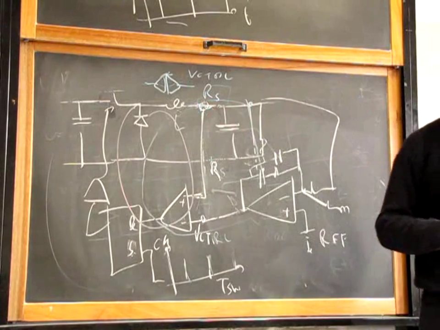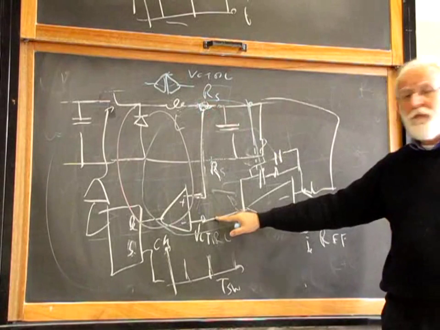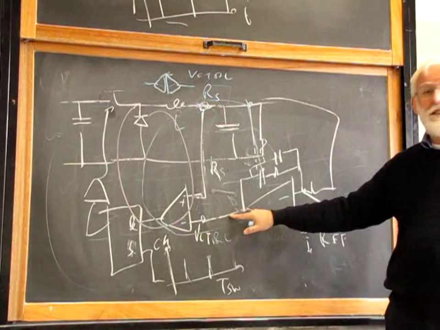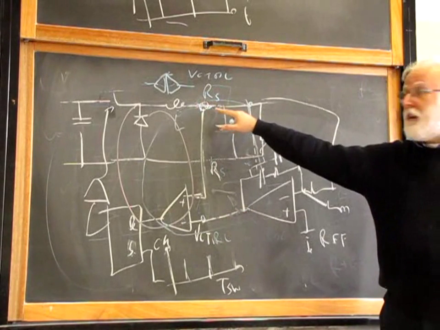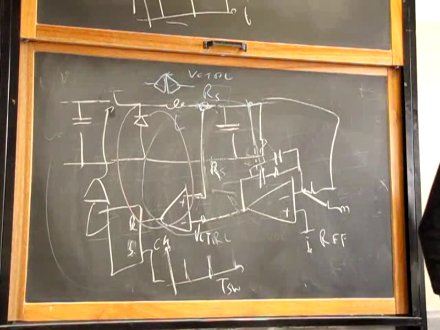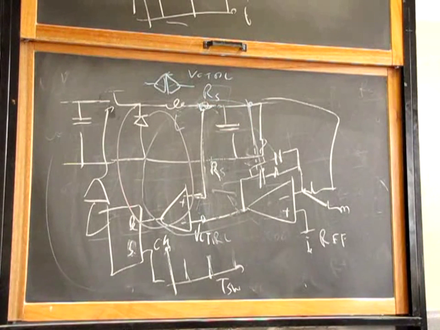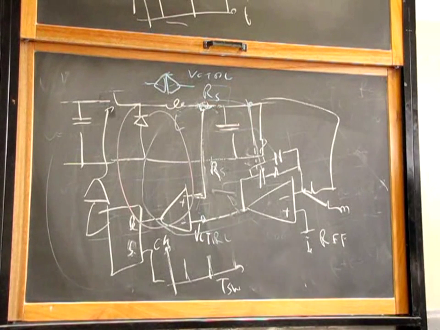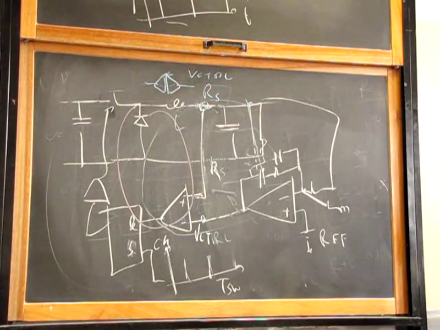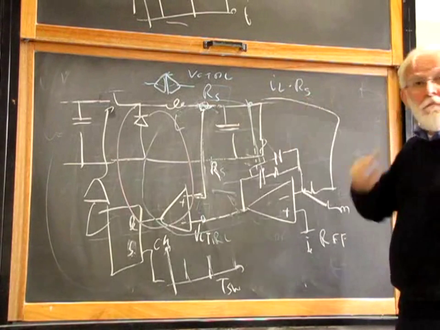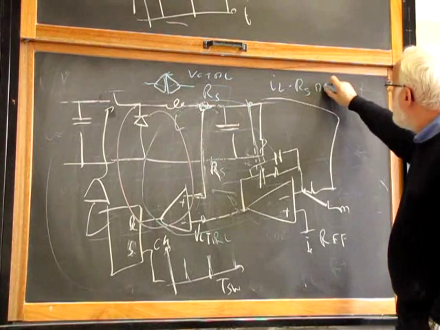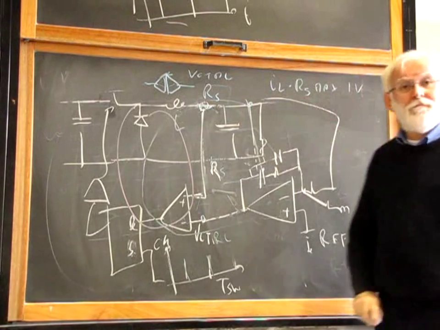So there are two opposite requirements. Stay high with these voltage levels because the signal-to-noise ratio is better. Stay low over here because otherwise your power dissipation is worse. And the practical standard, not defined officially, but the practical standard we find around is that IL times RS maximum is 1 volt.